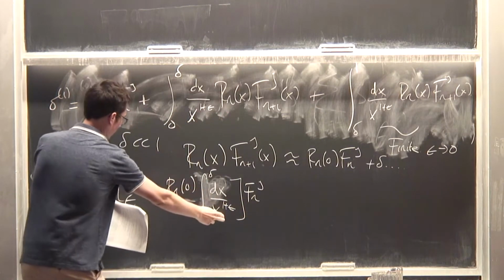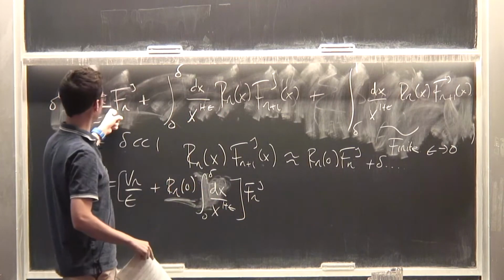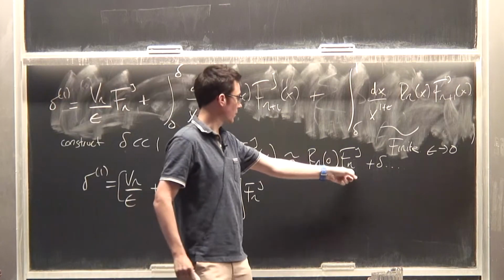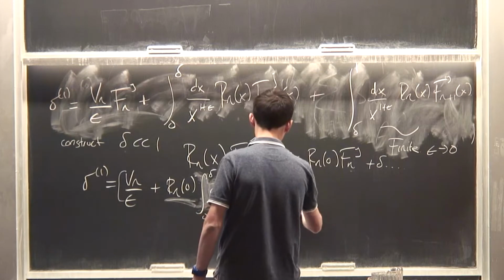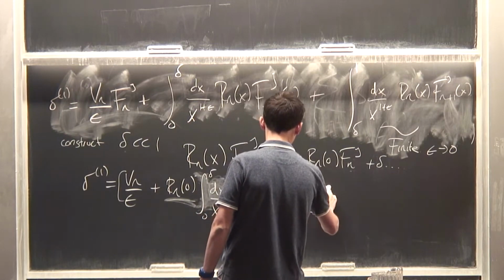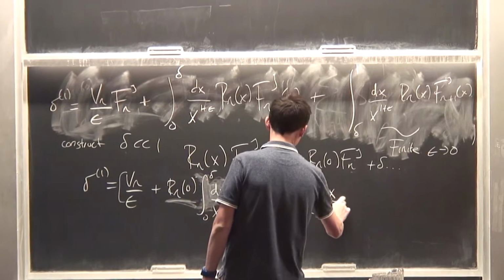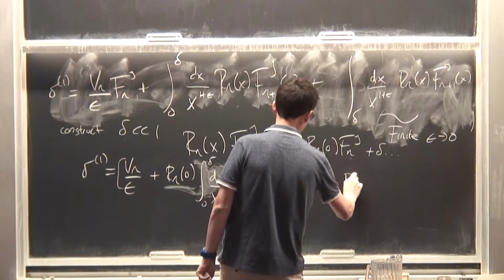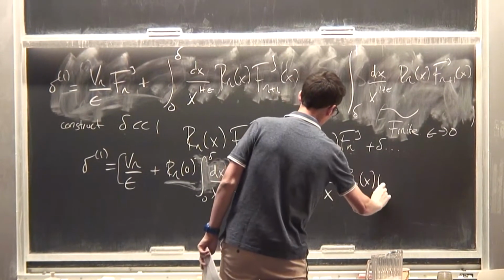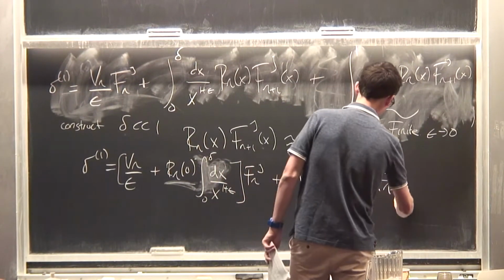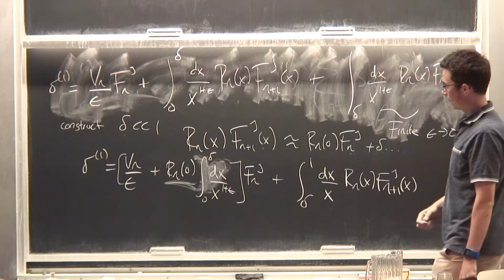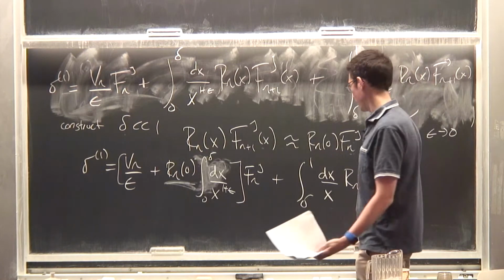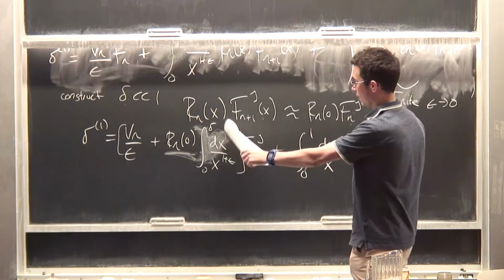So this first term now combines with this one under the same measurement function. And then I'm left over with this finite one over here, which I got rid of the epsilon dependence. Good. All right. Now you're smart people, so you see I'm basically done, because this integral here is one I can do.